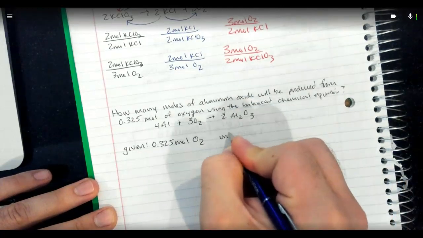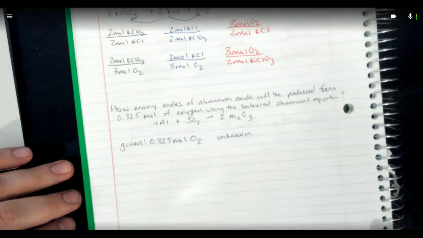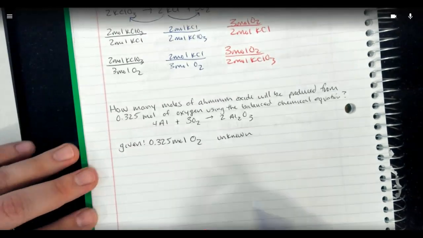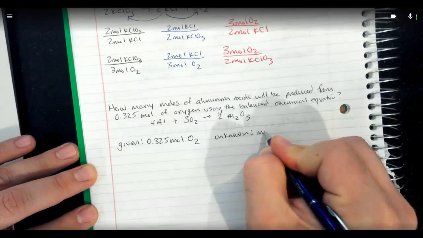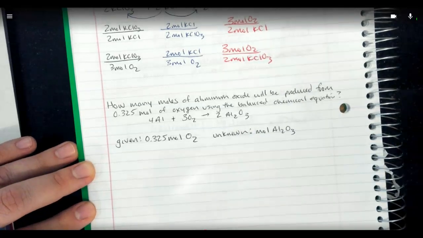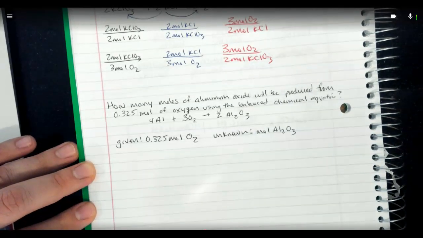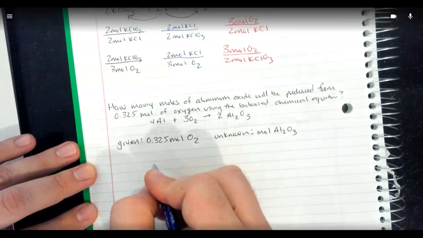And our unknown, what we're looking for, is indicated by determine the, find the, how much, how many moles. So we're looking for moles of aluminum oxide, Al2O3. Okay, so we have mole to mole, so it's a mole to mole stoich.